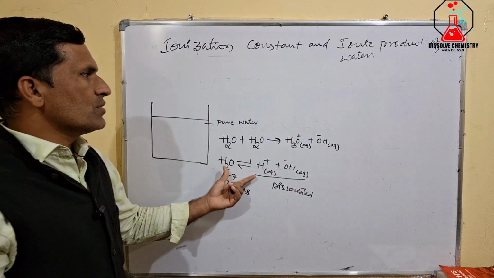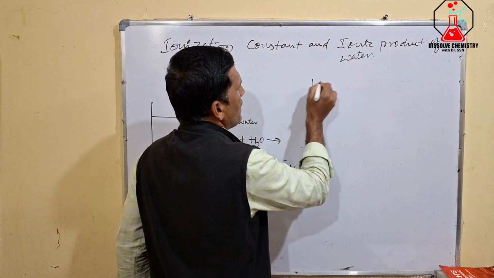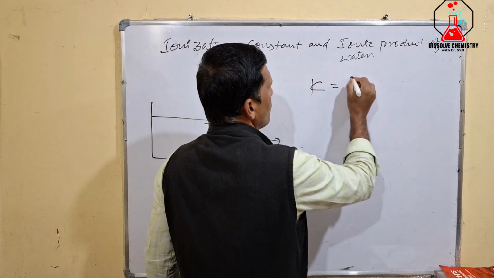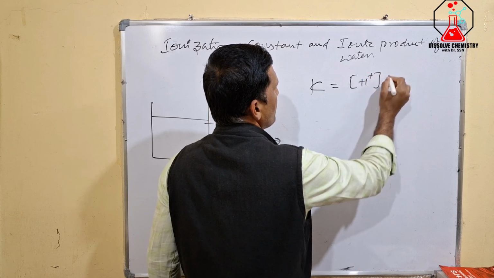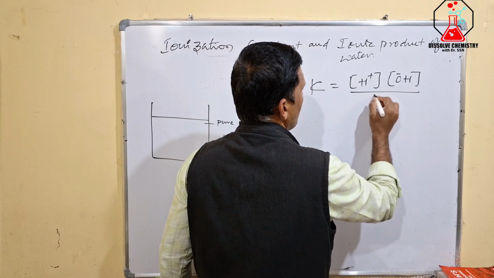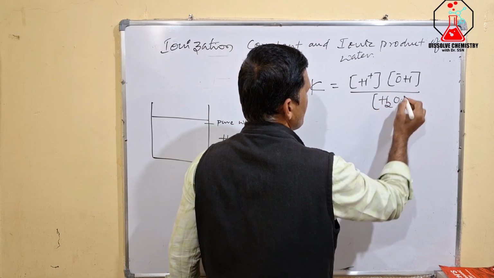And this dissociation we will give as capital K, that is equal to the molar concentration of H plus into the molar concentration of OH minus divided by H2O.